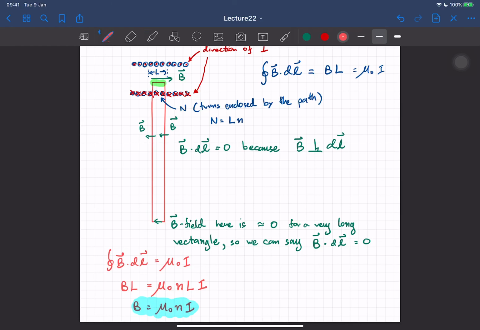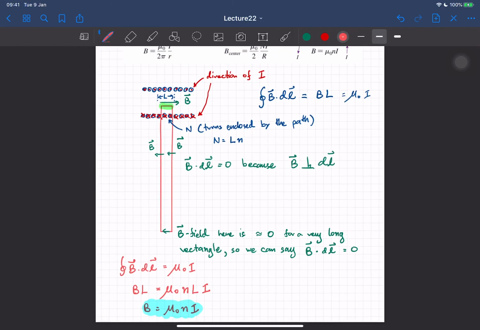Okay. I mean, in the exam, you can just use this formula. I don't mind that. But just remember that this small n is not the number of turns. That's the number of turns per length.